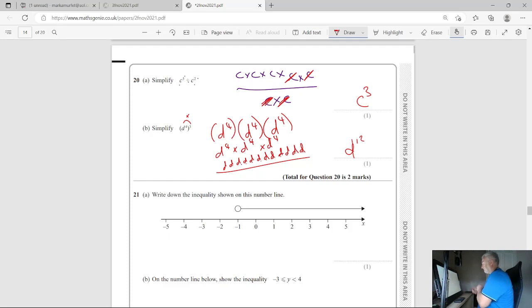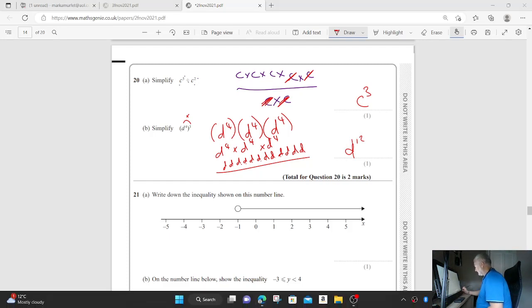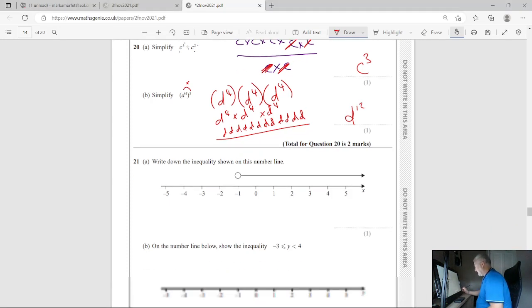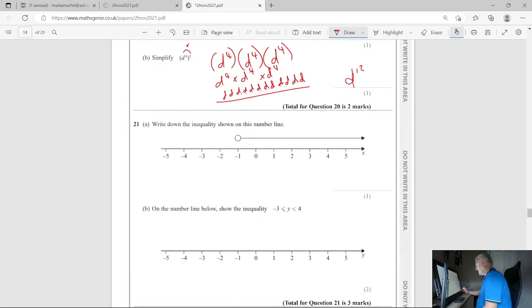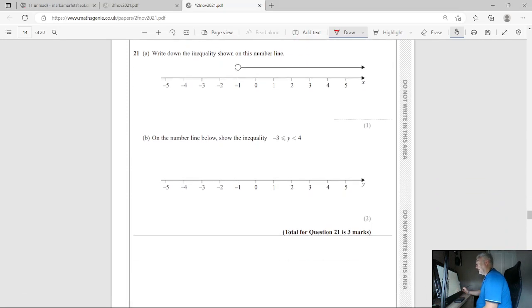Question 21. Write down the inequality shown on this number line. So we look to see where my circle is. Well, we know it's going to be -1. If there is only one circle, that means that my x goes in the front.